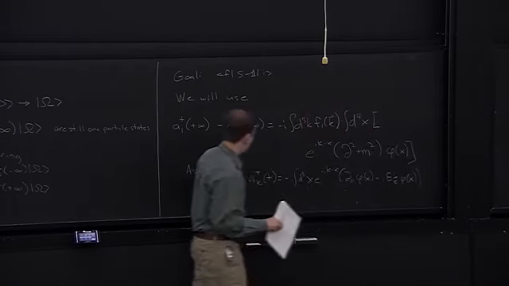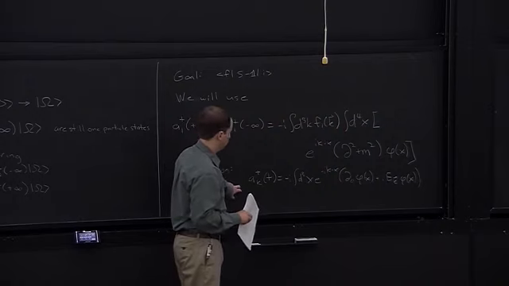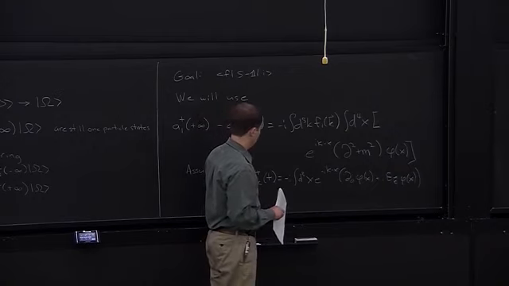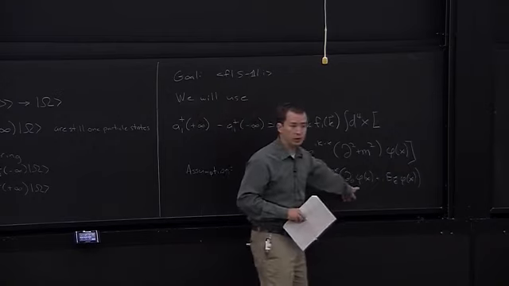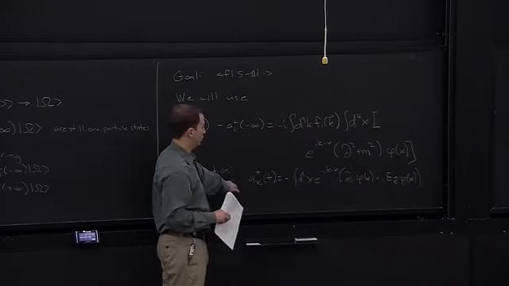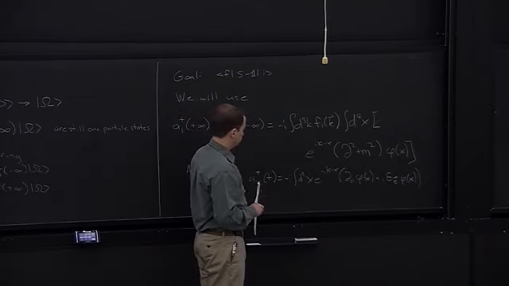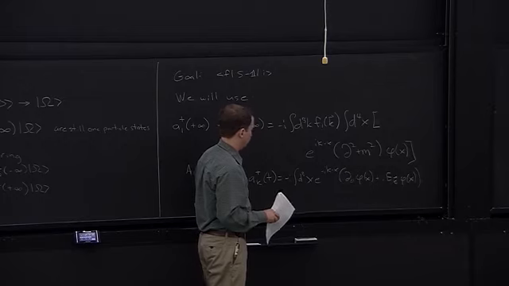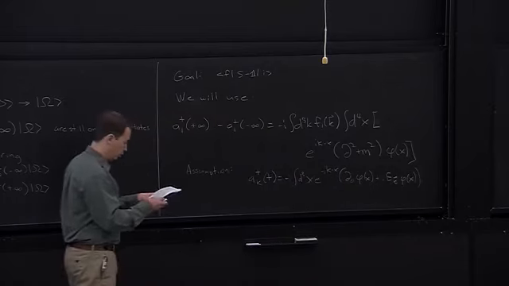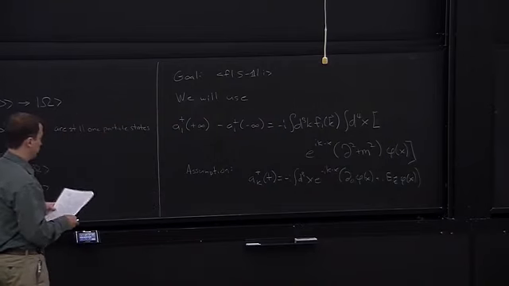This is one result you demonstrated in tutorial yesterday. So we're assuming that the relationship between the creation and annihilation operators and the field operators is the same in the interacting theory as in the free theory. What's going to change is not the relationship between the two operators, but instead the time dependence of the two operators. That's another assumption we're making.